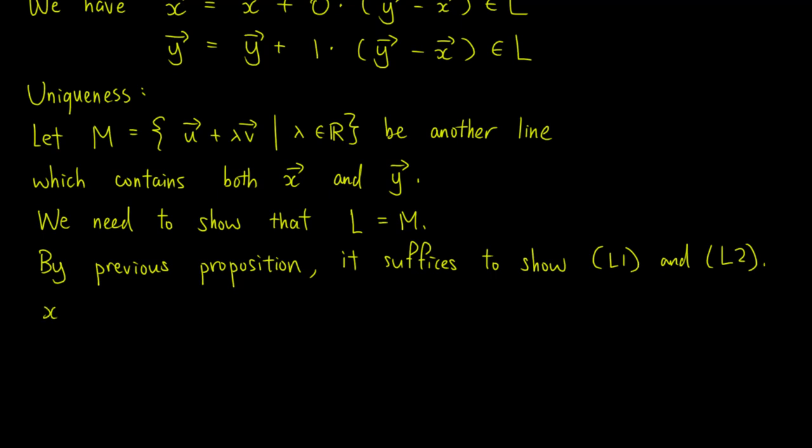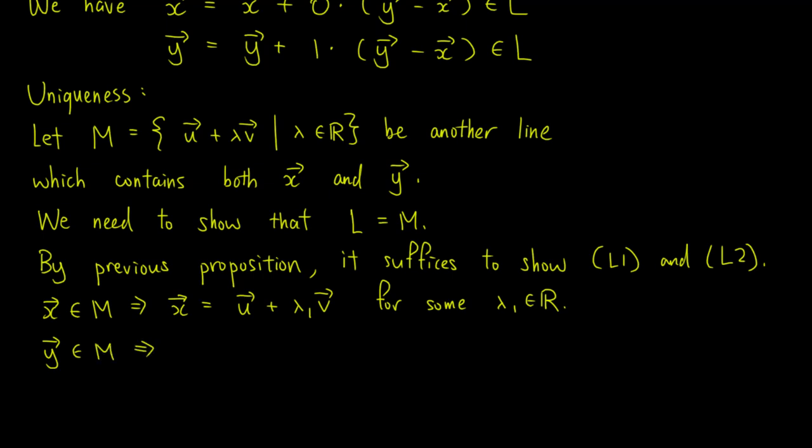For the first condition, we know that x is an element of M implies that x equals u plus lambda 1 v for some real number lambda 1. Also, y is an element of M implies that y equals u plus lambda 2 v for some real number lambda 2.